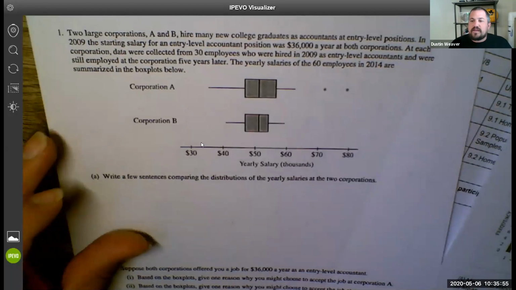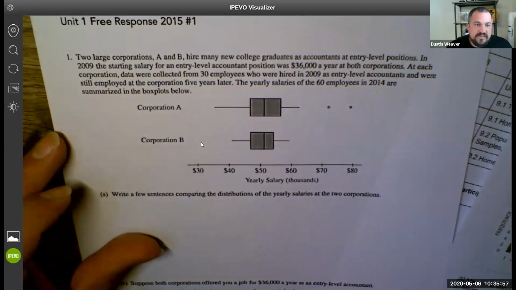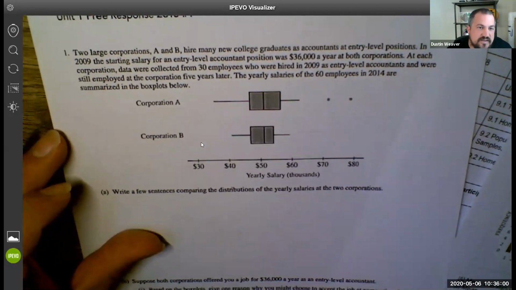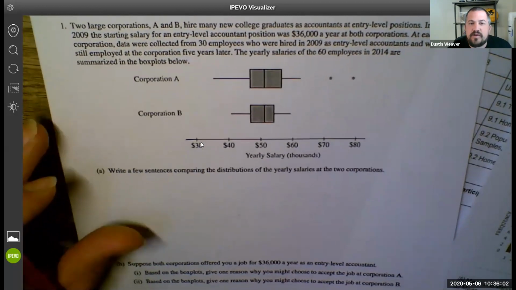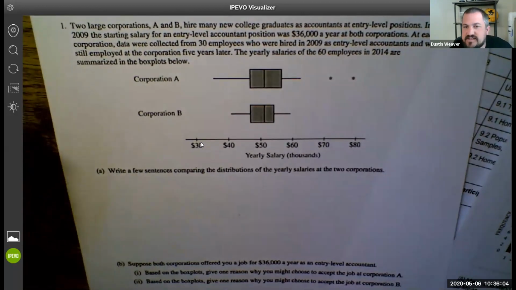In question number 1, it says 2 large corporations, A and B, hire many new college graduates as accountants at entry-level positions. In 2009, the starting salary for an entry-level accountant position was $36,000 a year at both corporations.